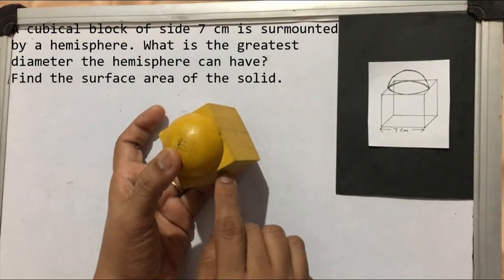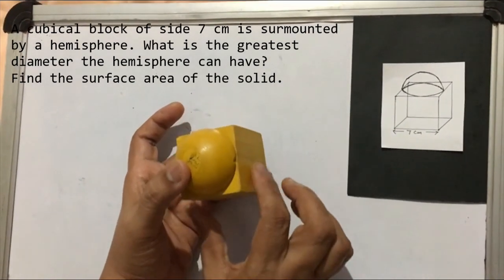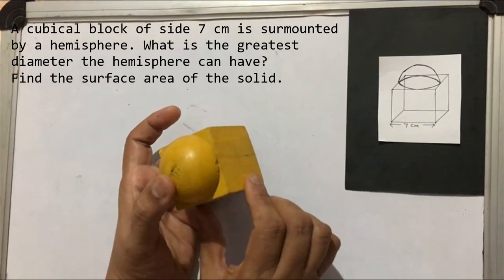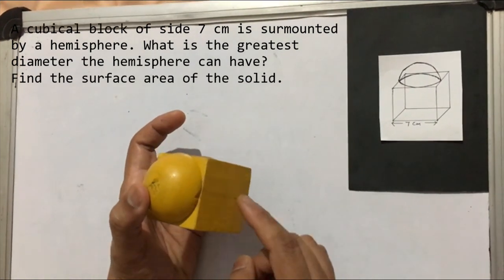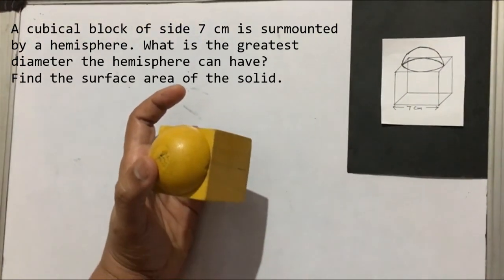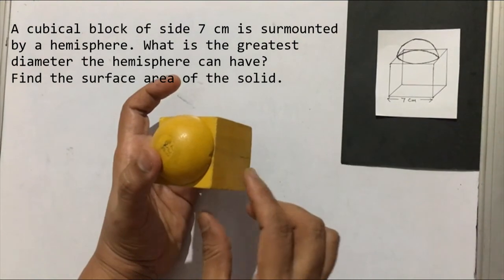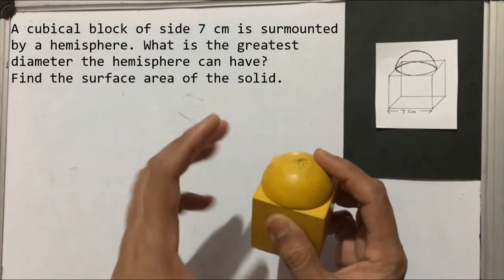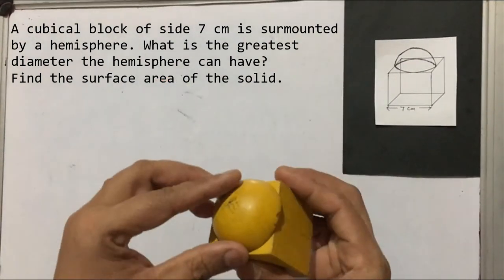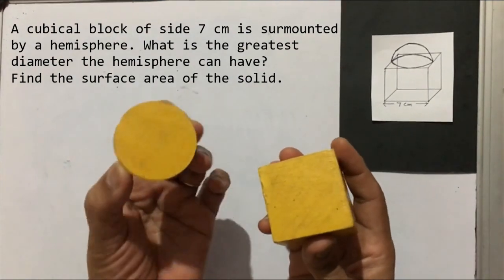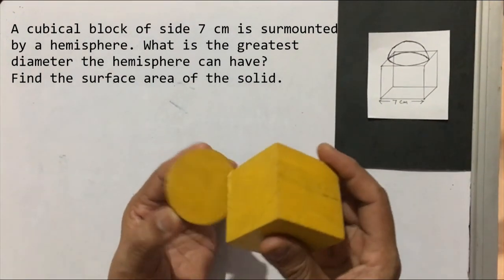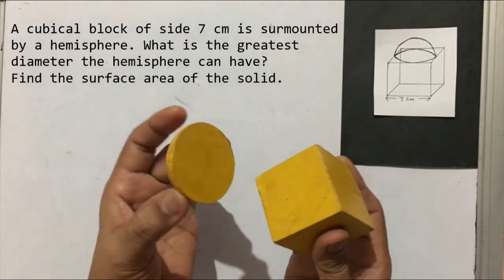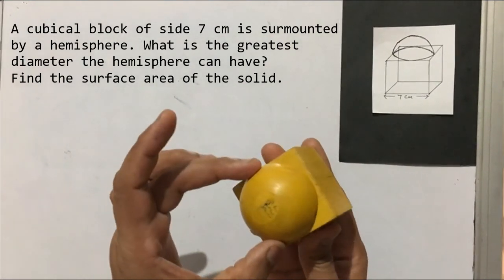They told us to find the total surface area of the solid. It doesn't mean TSA of a cube plus TSA of a hemisphere, we should not do it. If they ask for the surface area of the solid, then compulsorily, see what is going inside here. Here this circle area is there, the base of the hemisphere is a circle shape. Exactly it is on a face.